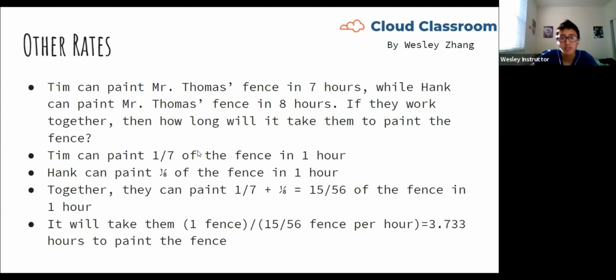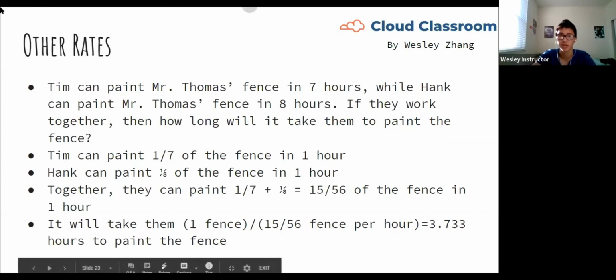Tim can paint 1/7 of the fence in 1 hour because it takes him 7 hours, and Hank can paint 1/8 of the fence in 1 hour. So together they can paint 1/7 plus 1/8 equals 15/56 of the fence in 1 hour, and that's together.